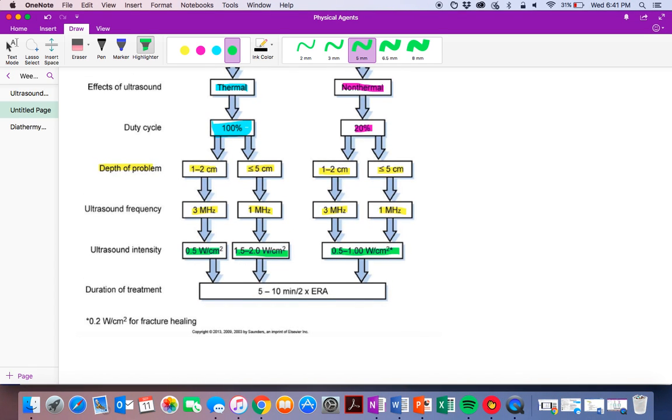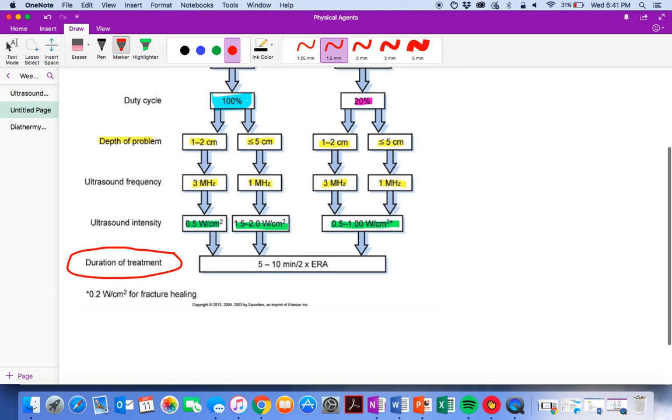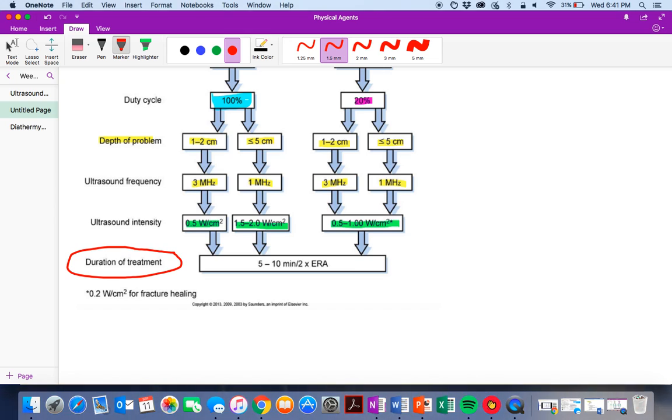Lastly, we have the duration of treatment, and luckily this is also the same regardless of thermal or non-thermal ultrasound effect. It's always going to be 5 to 10 minutes per 2 times the ERA.